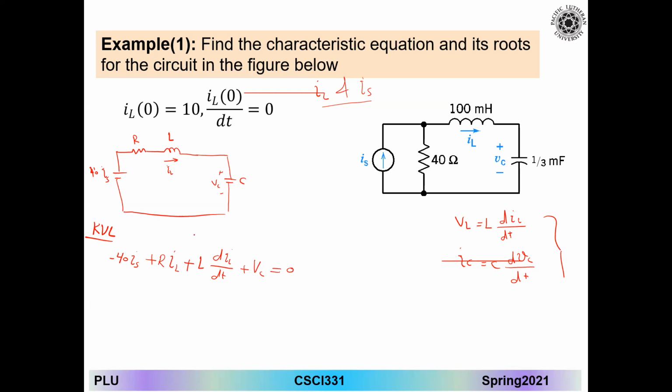Now let's go back to our equations. We mentioned we need IL and IS. I have IS, I have IL, I have IL here, first derivative. I have VC. So I need to get rid of the VC from the equations, and write it as a function of IL. How can I do that, guys? Any guess?